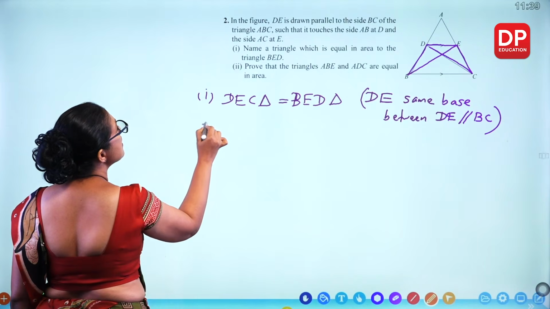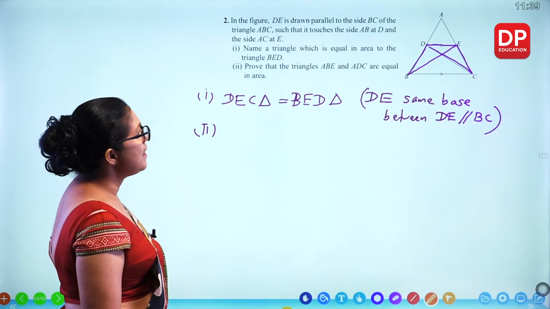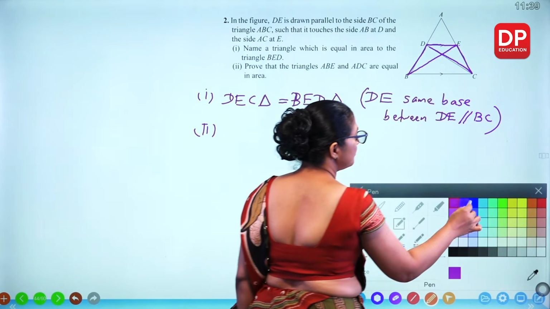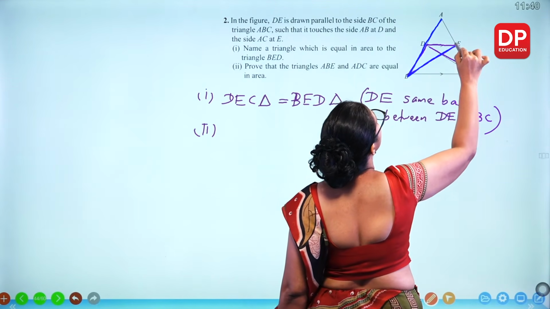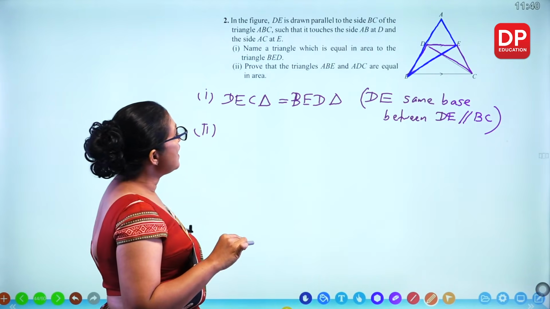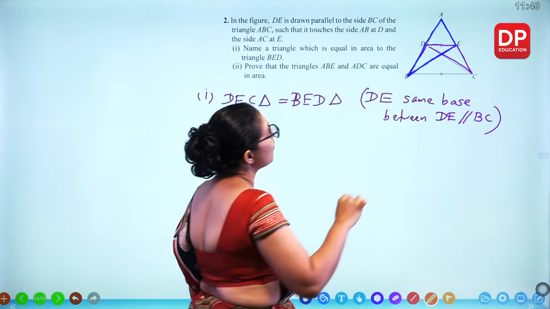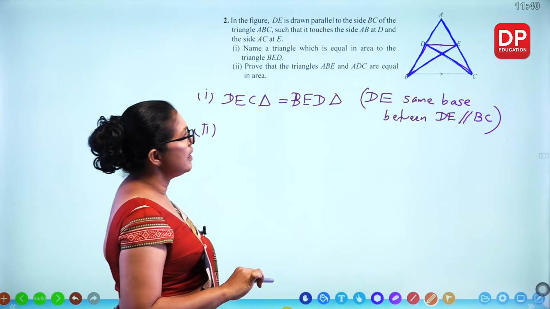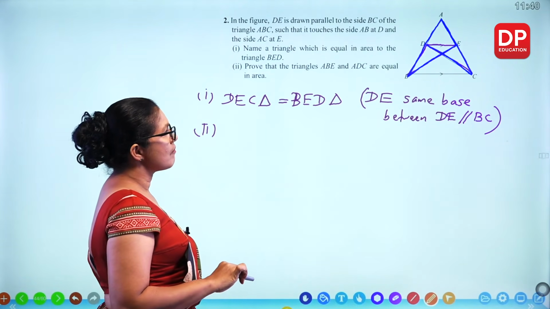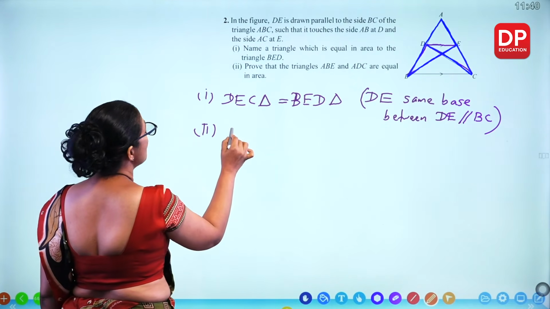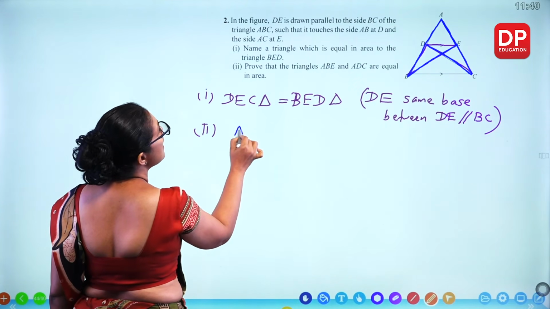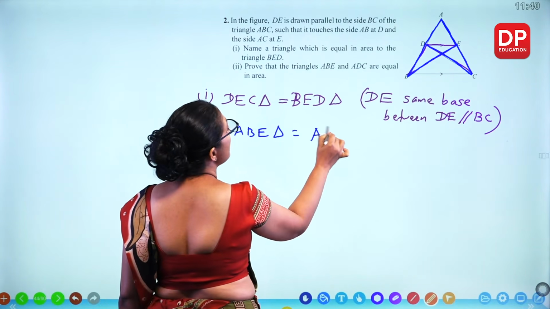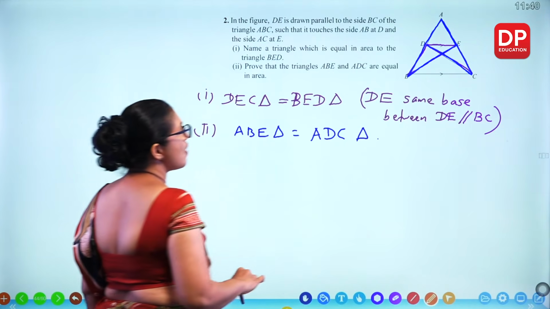And the second part, prove that the triangles ABE, this one, and ADC are both equal. So in the second part we need to show that triangle ABE is equal to triangle ADC.